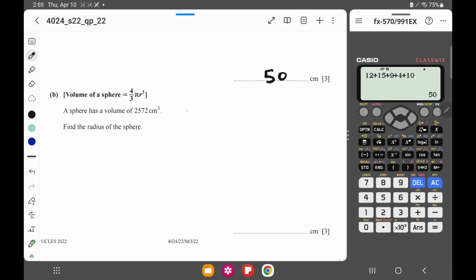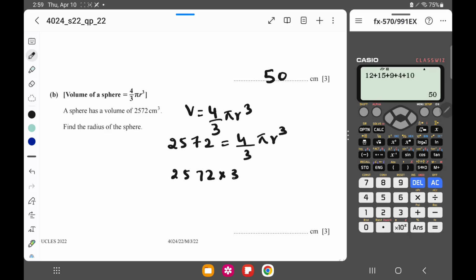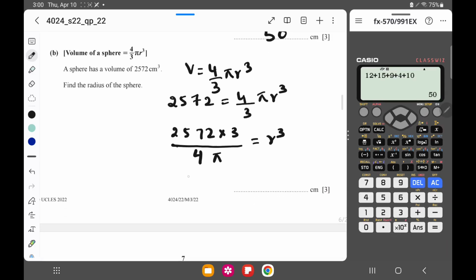So the volume is equal to 4 over 3 pi r cube. Set 2572 equals to 4 over 3 pi r cube. So that is 2572 times 3 and then divided by 4, and pi is multiplying, so 4 pi will divide, and then you can take the cube root and find out your answer directly.